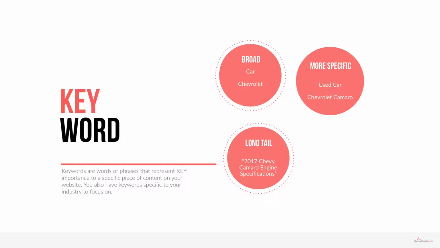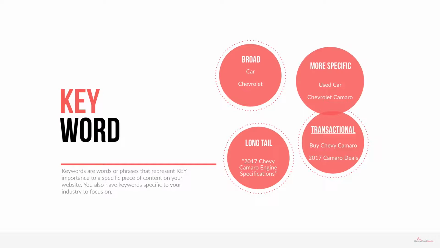That narrows down the pool even more. There's probably only 100 pages that are dedicated to the engine specifications of this specific year's Camaro. And then you have transactional keywords to focus on, which are focused on the people that are ready to spend money. Buy Chevy Camaro and 2017 Camaro deals are a couple of examples.